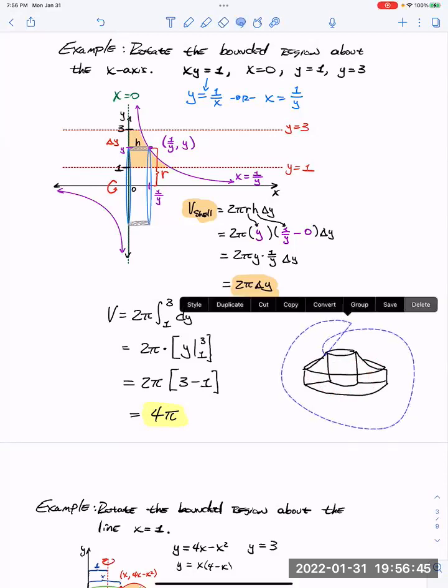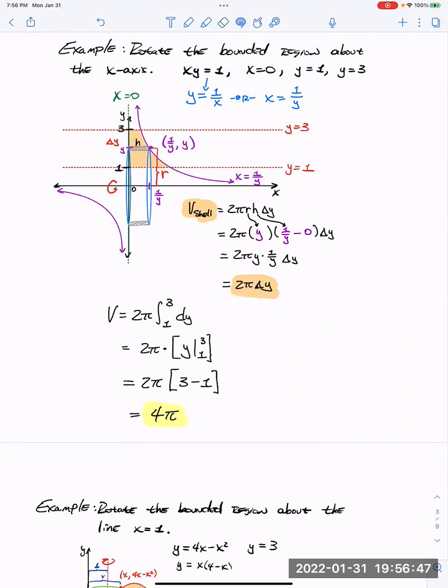I actually had a question. Say the horizontal lines y equals 1 and y equals 3 were instead y equals -1 and y equals -3. Would the A and B just flip?